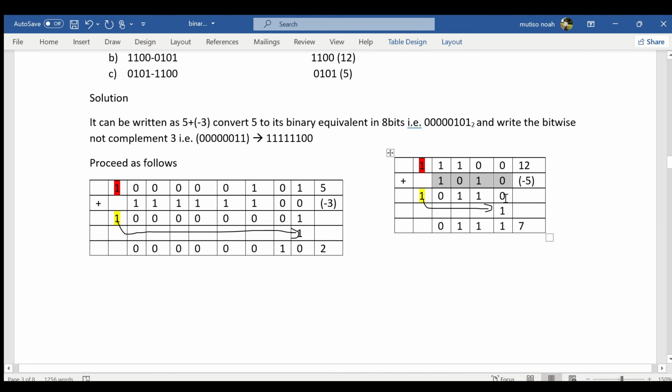So to make it the 2's complement, we add 1 here, which will be 1 0 1 1.